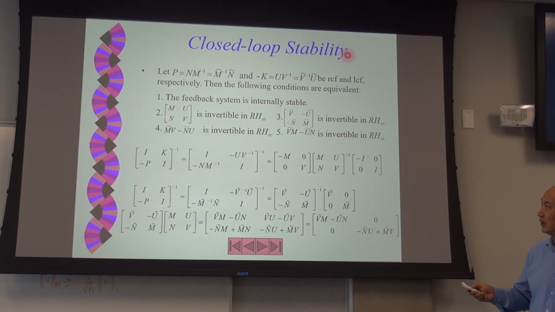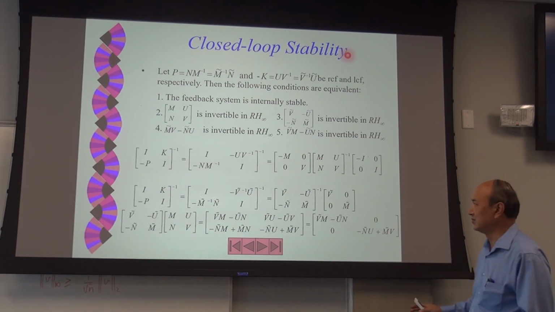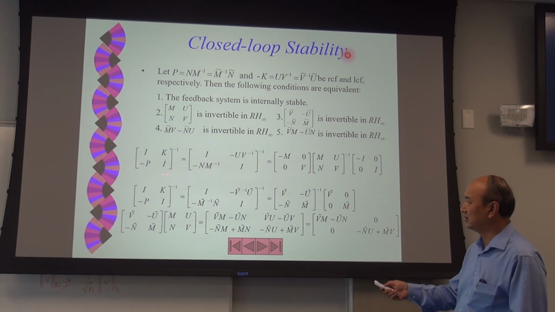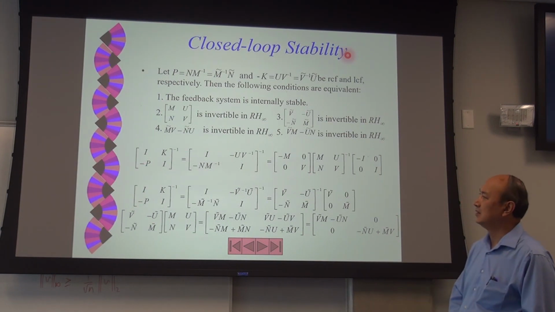This is for right coprime factors. So it turns into something like that. In other words, we talk about this smaller matrix, M and U minus, being invertible, and this being invertible. I believe this is trivial. It is still based on the original definition here. Again, we are talking about a transfer function matrix.